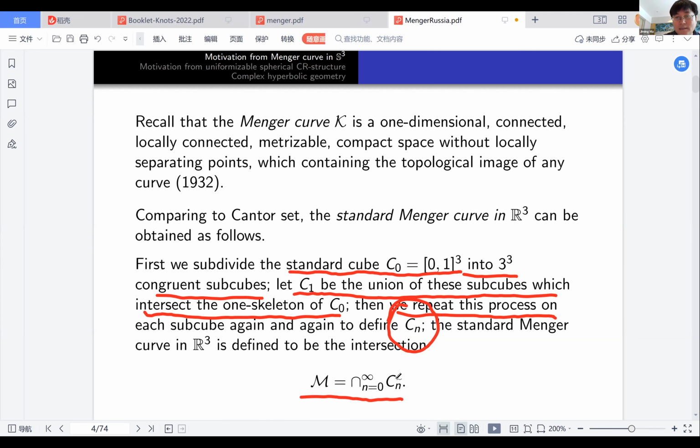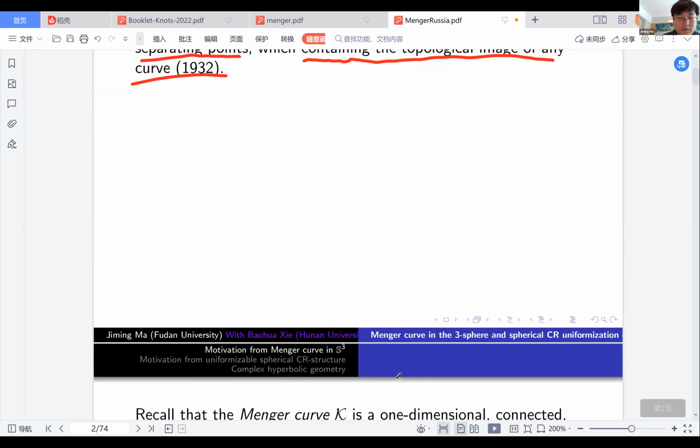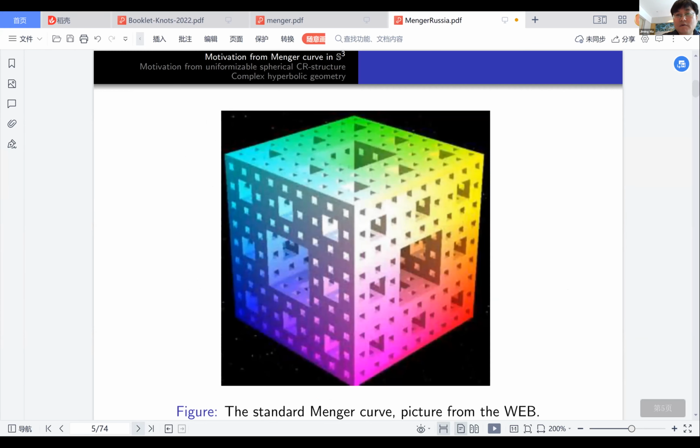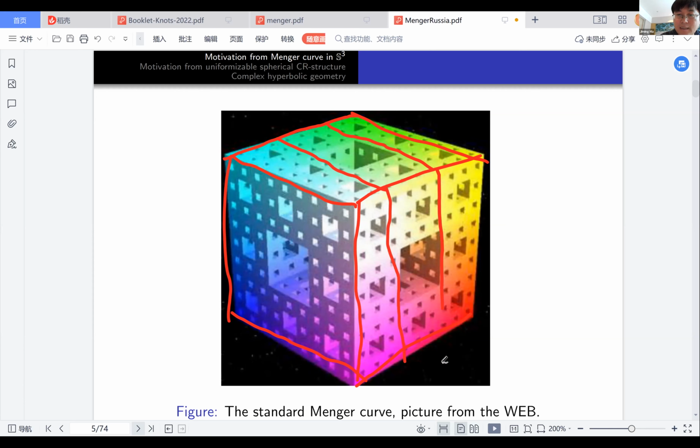Here is a picture. We first have a standard cube in the three space, and then we subdivide it into 27 subpieces.